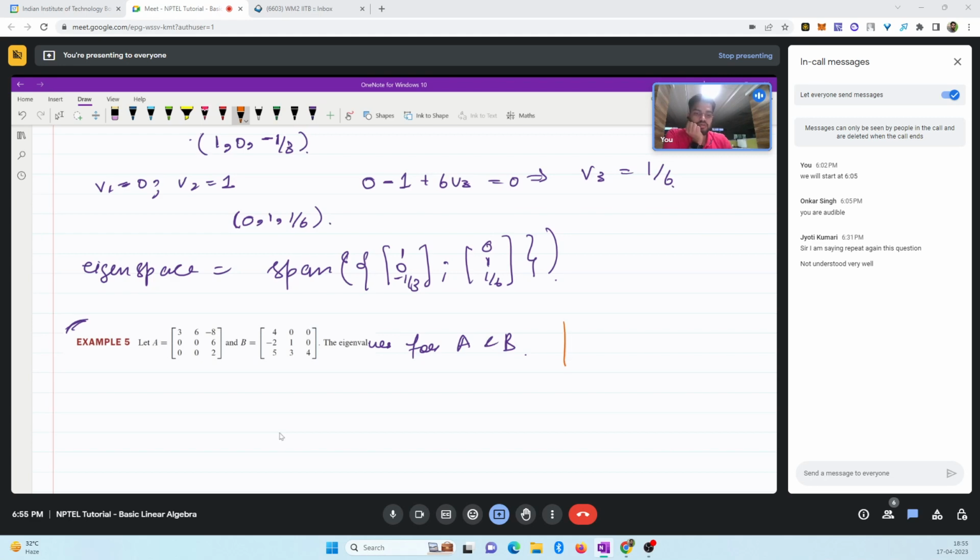So if you have a, let's say, a lower triangular matrix or an upper triangular matrix, then your diagonal entries are your eigenvalues, okay? You need not even calculate because when you will take determinant, everything else will become 0. So for this one, your eigenvalues are 3, 0, and 2. And for this one, your eigenvalues are 4, 1, 4. Okay, so that's why I sort of included this question.